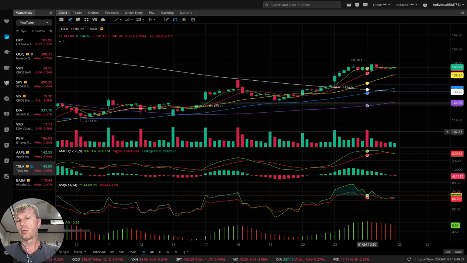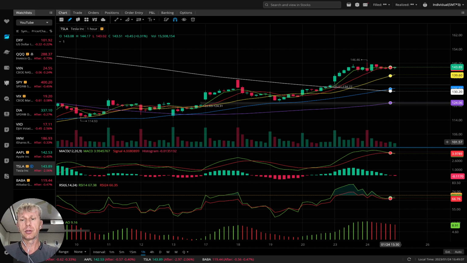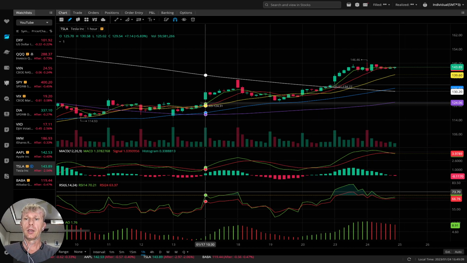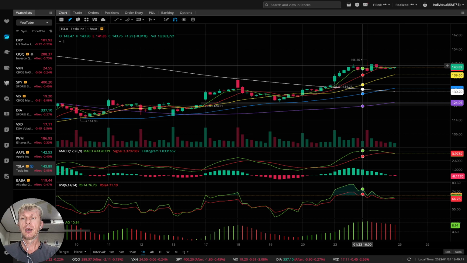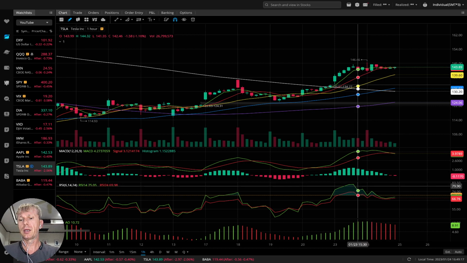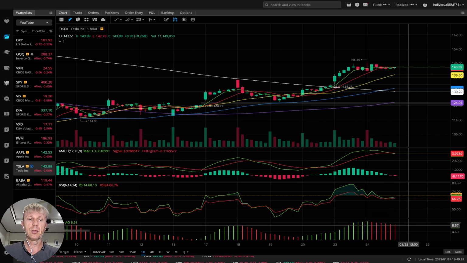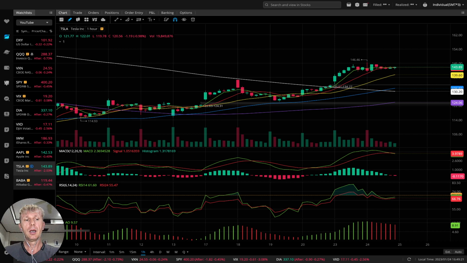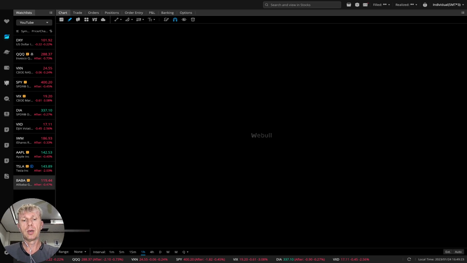Volume is downtrend, bearish divergence. It's kind of the same like Apple, right? The price action is kind of flat, but MACD downtrend, histogram, RSI downtrend, also oscillator downtrend, bearish divergences on 1 hour.